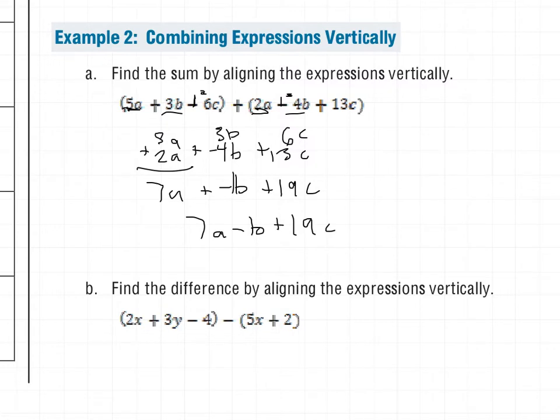So if we wanted to think about our steps here, first we changed subtraction to add the opposite. Our next step here was to use any order, any grouping.